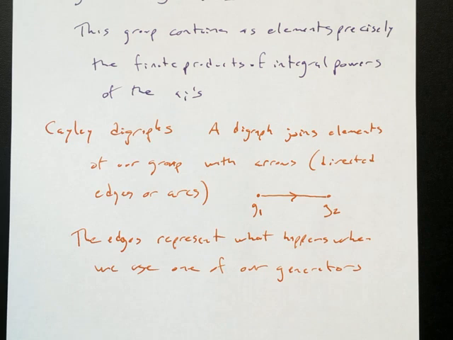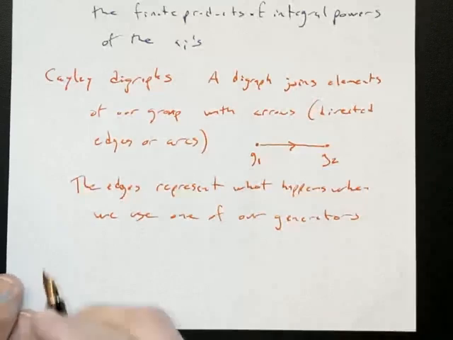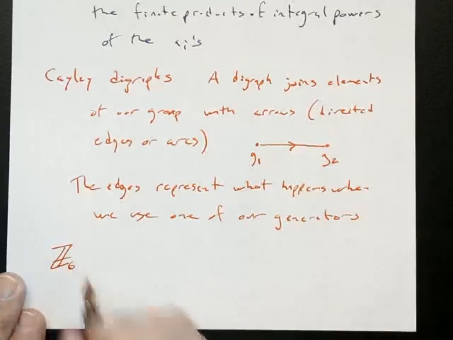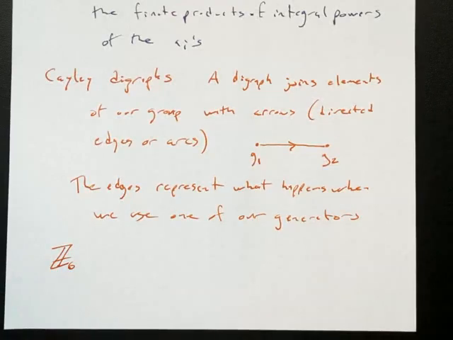But I said I was going to start with Z6 as our example. So let's consider Z6. The elements of Z6 are 0 through 5. Make a picture of 0 through 5. I don't care what picture you use. You could make a hexagon. You could put them in a straight line.